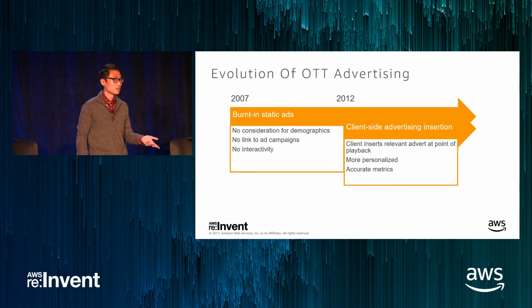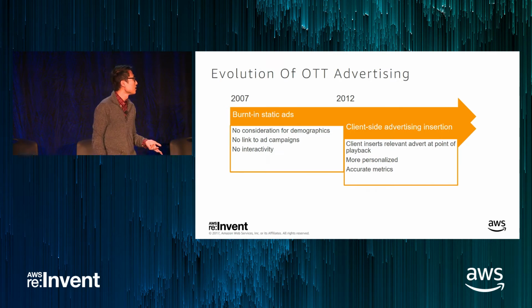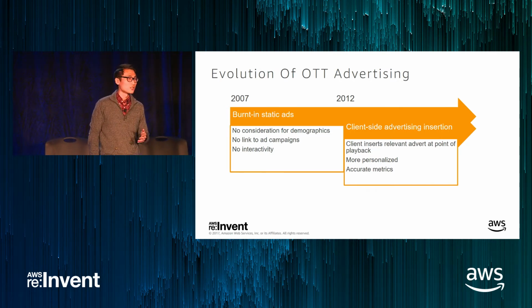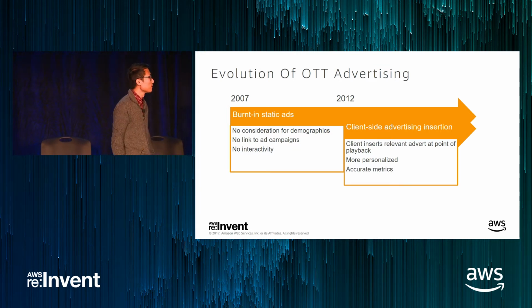Someone like Hulu, a major US streaming service, can charge $35 per 1,000 ad impressions on average. Someone like YouTube, with their video publishers, individual streamers, charge $2 per 1,000 ad impressions. So the variance is huge.